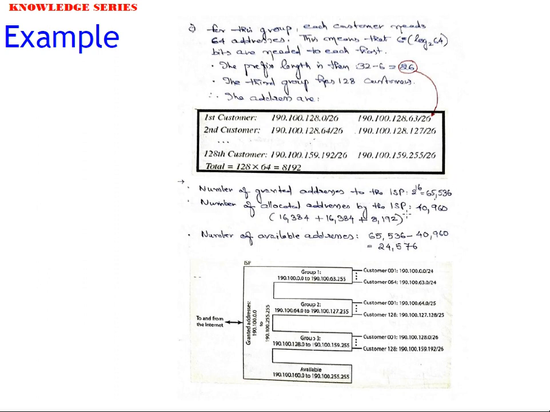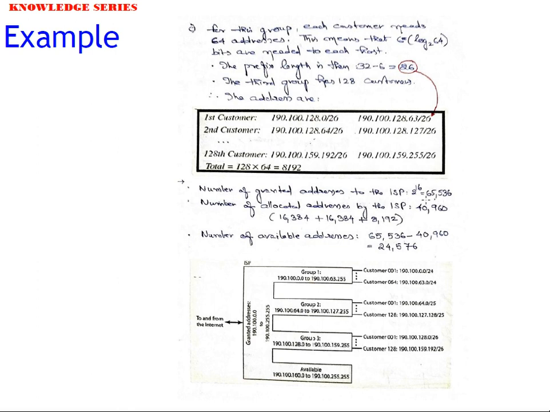So the number of allocated addresses in the ISP is equal to 90,660. This has come from 16,000, another 16,384, and another from 8192. That means from this one 16,000, from this one another 16,000, from this one 8192.